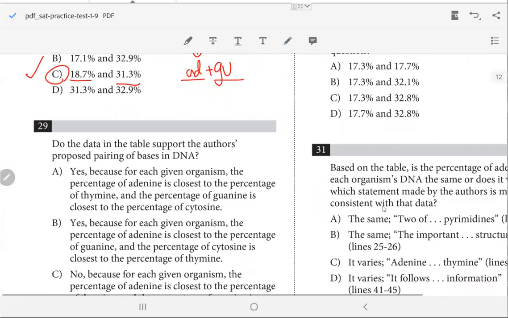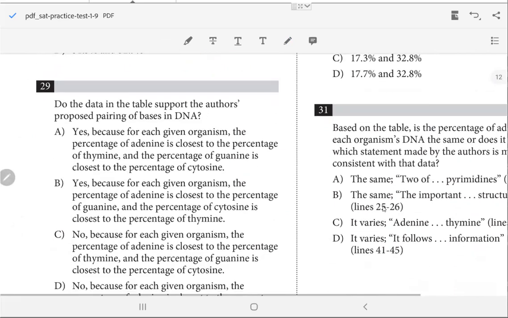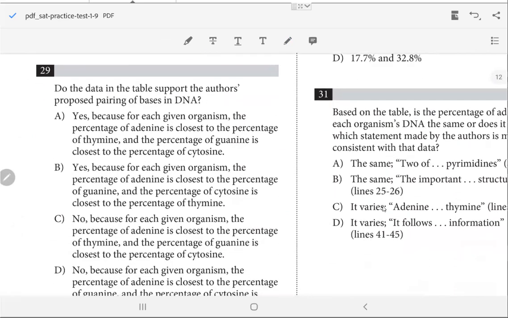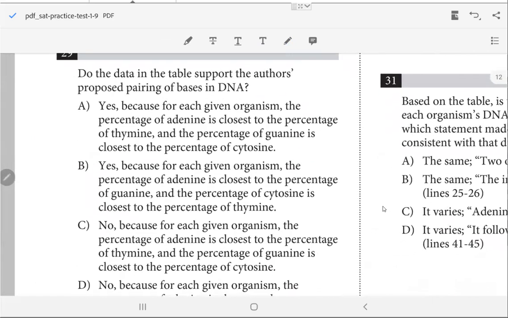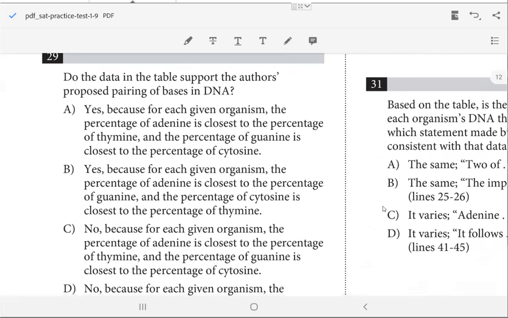29. Do the data in the table support the author's proposed pairing of the bases in DNA? Okay, so let's look at the answer choices first and go back to the data and solve the question backwards. Yes, because for each given organism, the percentage of adenine is closest to the percentage of thymine.